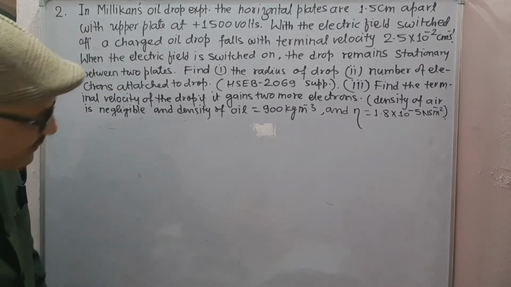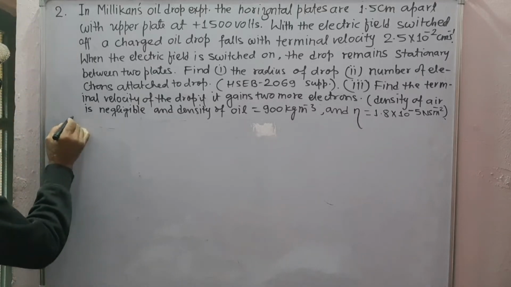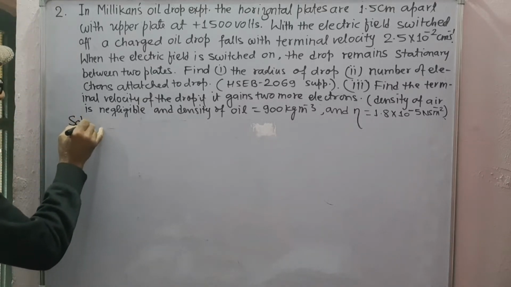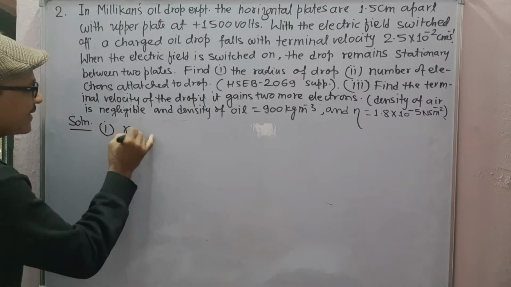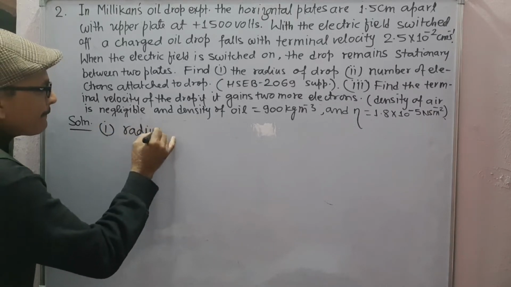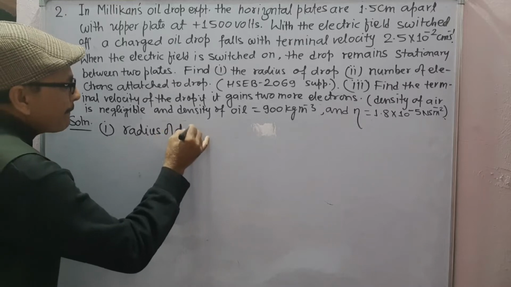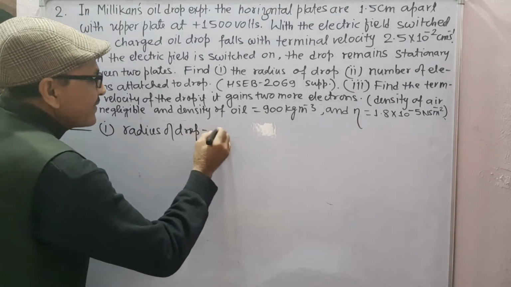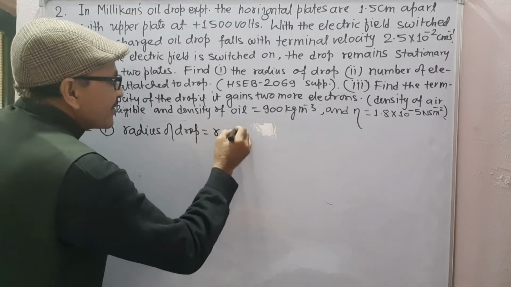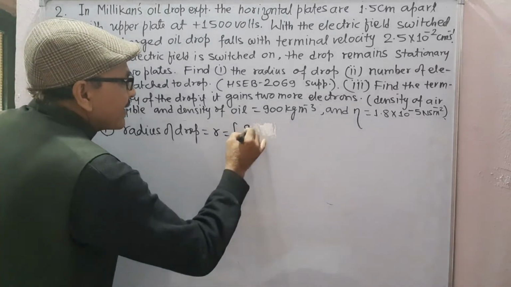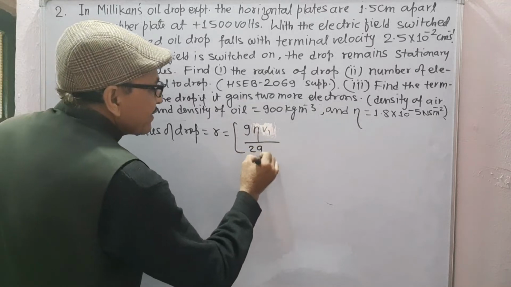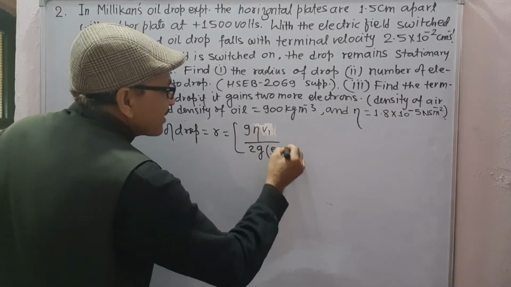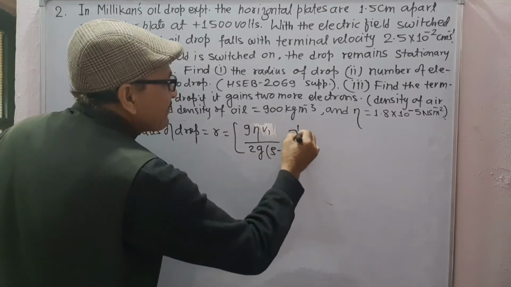So in the first part, the radius of the drop is given as R = (9 eta V1 / (2g(rho - sigma)))^(1/2).